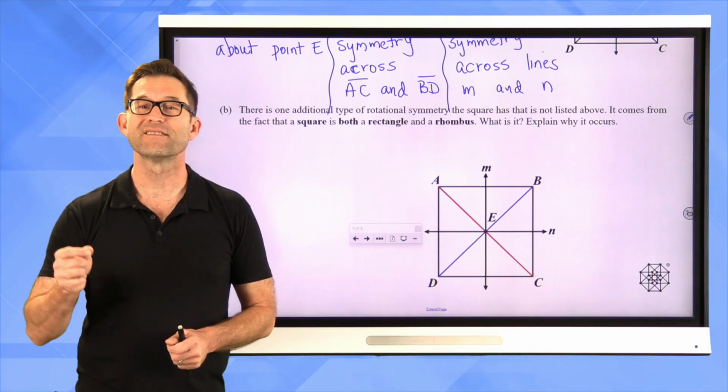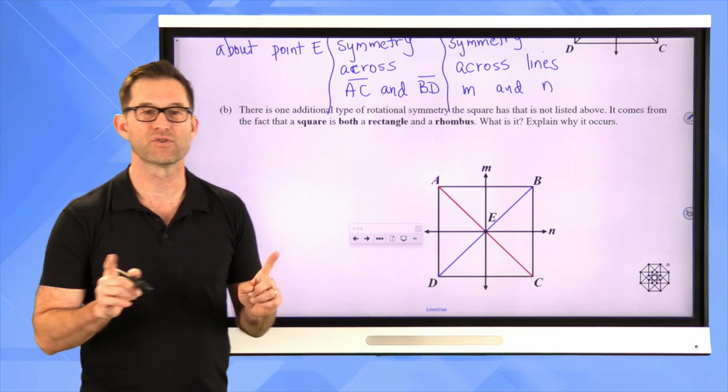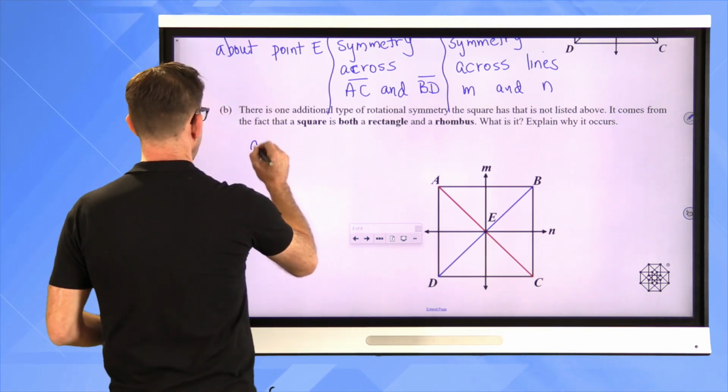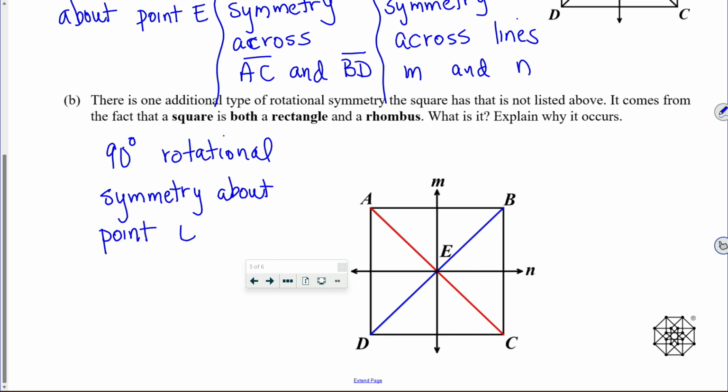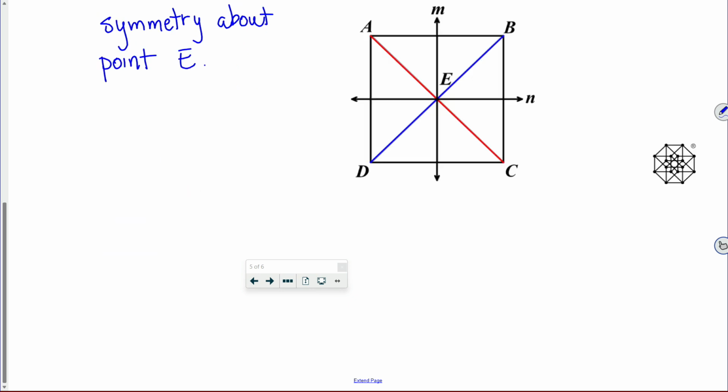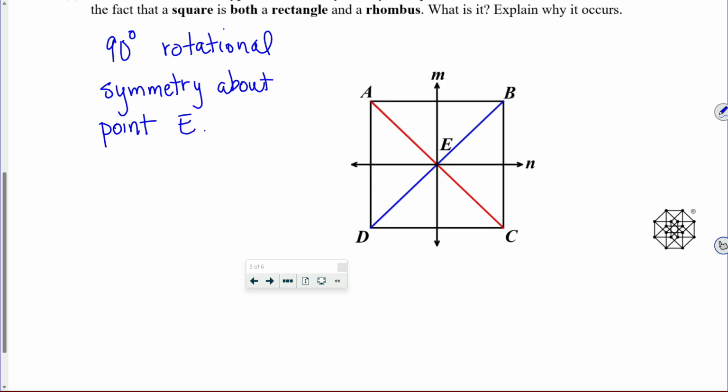All right, well, it's now going to have 90-degree rotational symmetry about point E. And we'll talk about why that is in just a moment, but let's actually take a look at it. Let's visualize it, because it is, to me, pretty darn cool, right?